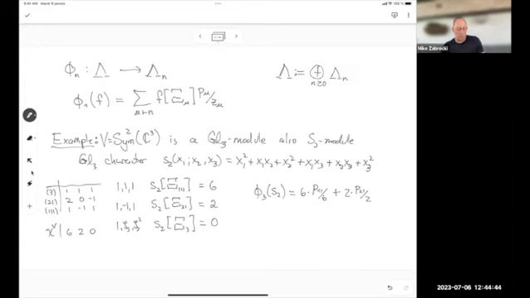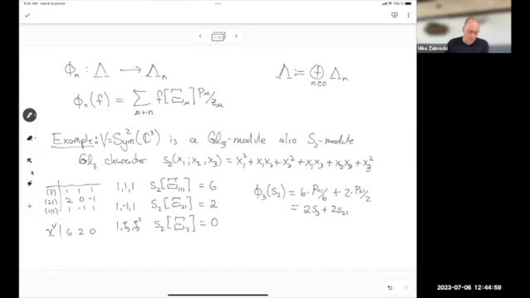And either you do your linear algebra in your character table, or you do it in this ring of symmetric functions, and you say, oh, this is 2s3 plus 2s21.